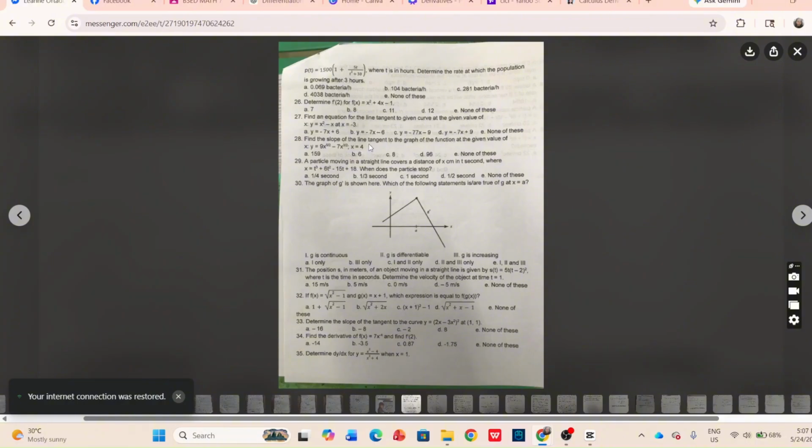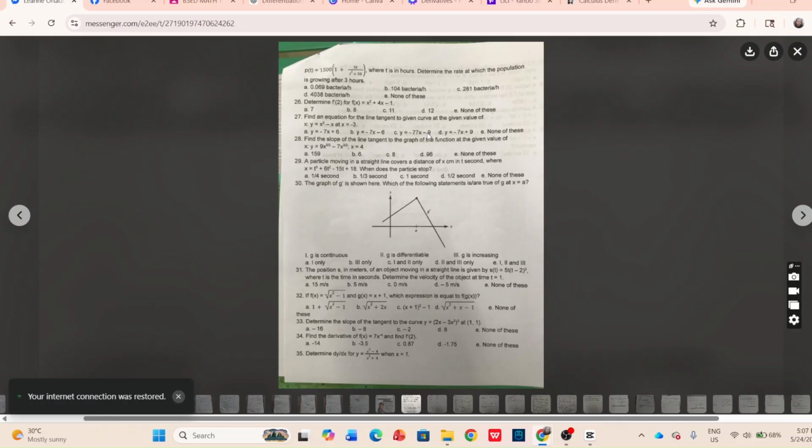So that is y equals negative 7x minus 9. So the correct answer for number 27, that's letter C. And that's actually negative 7x minus 9. It's not negative 7x minus 9.